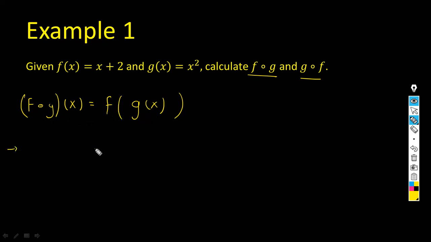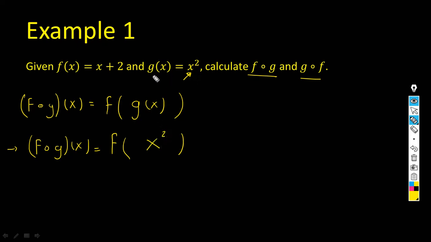So f circle g of x is equal to f evaluated in g of x. But what is g of x? g of x is x squared. So I'm going to put that in there.